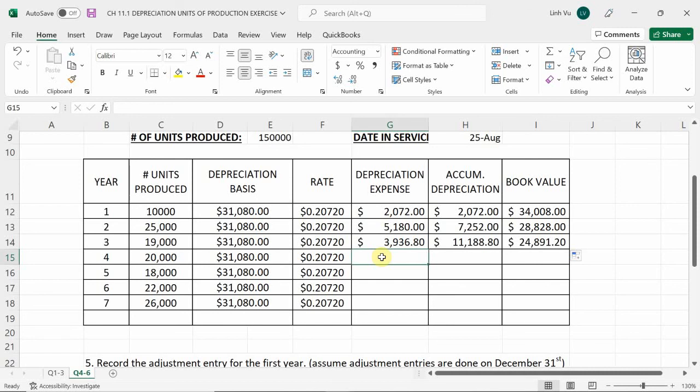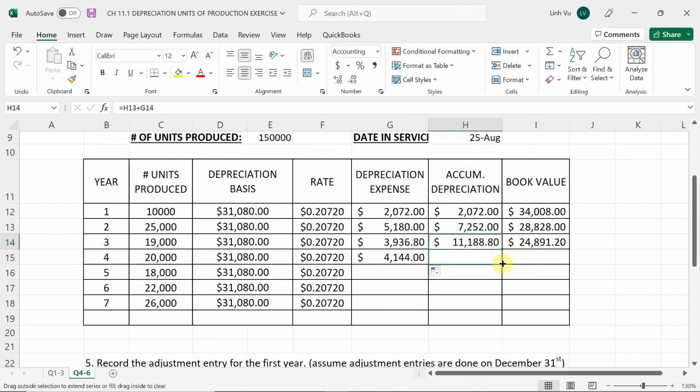Okay, we got 20,000 miles. Yes, if I drove the 20,000 miles for 20.72 cents per mile. 4,144. Correct. So what's my accumulated now?